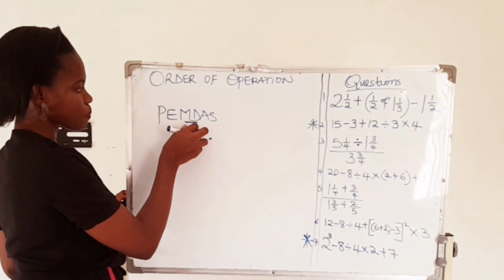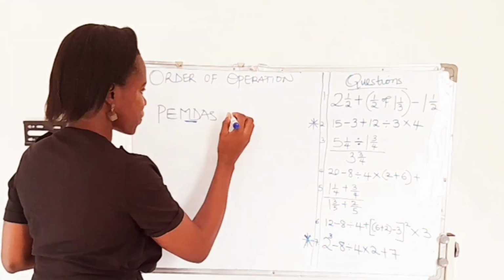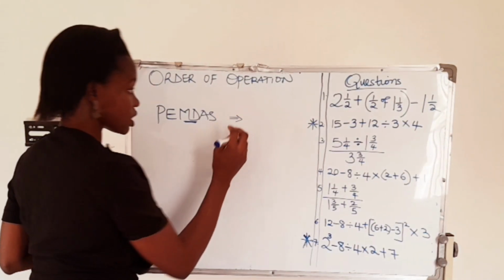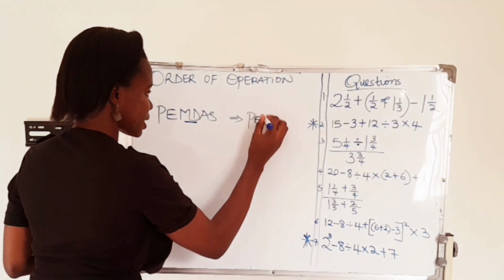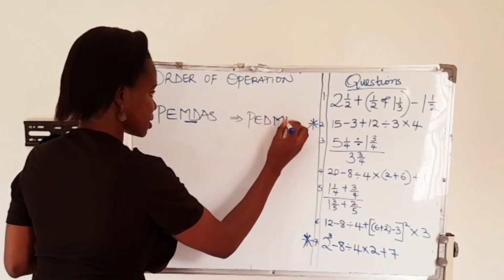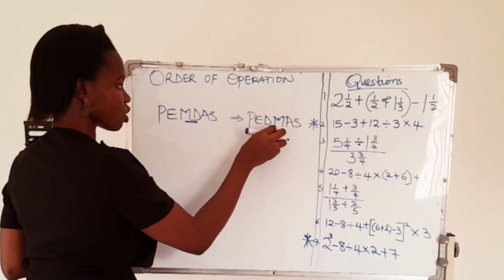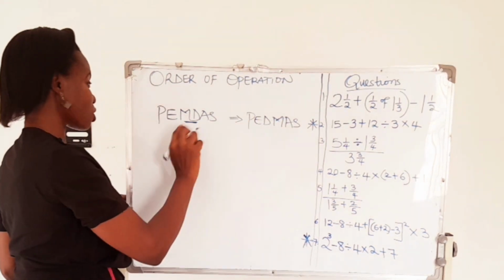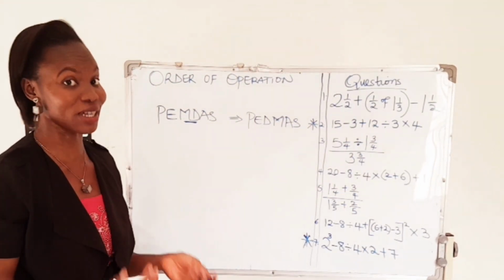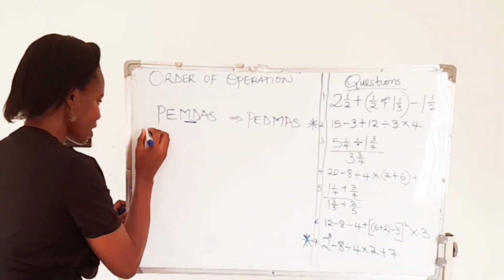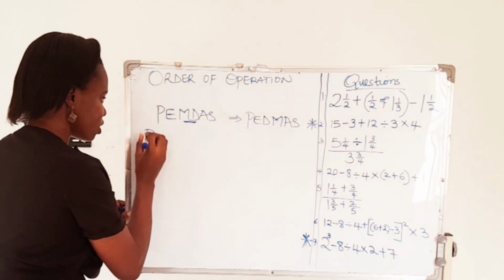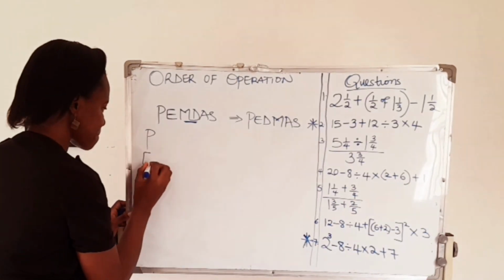But some people say that it should be, so that it will be in line with BODMAS, it should be BODMAS. So in this one, division comes first before multiplication, but whichever way it is, the answer will still give you the same. Alright, I'm going to give you the meaning of PEMDAS, so let me just use this one, PEMDAS.